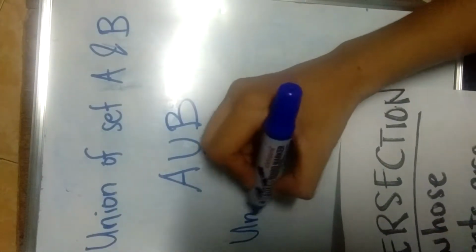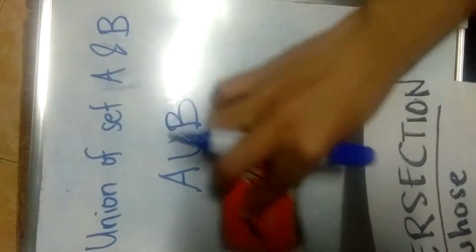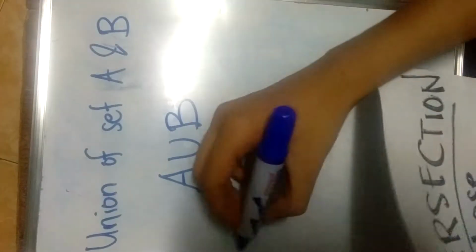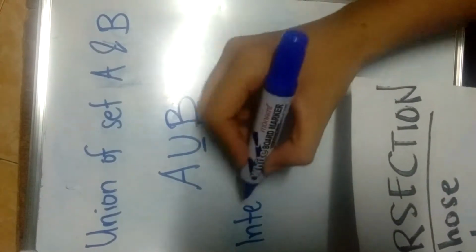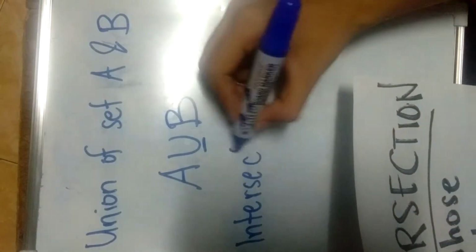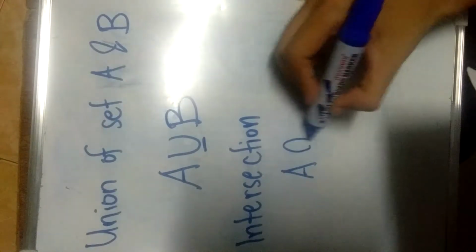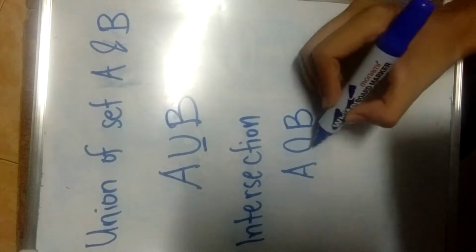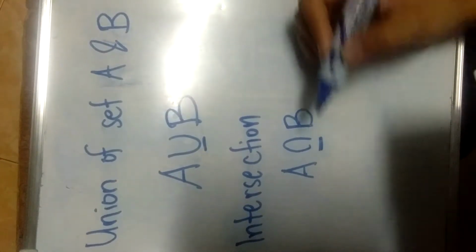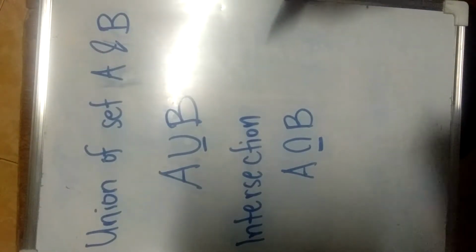In symbols, the intersection is denoted by A intersection B. So this symbol indicates intersection.